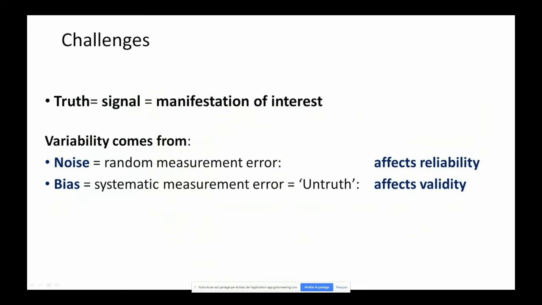So the challenge, especially when we are using an imaging outcome measurement instrument, is that what we want to measure is the truth, meaning the signal, meaning the manifestation of interest.